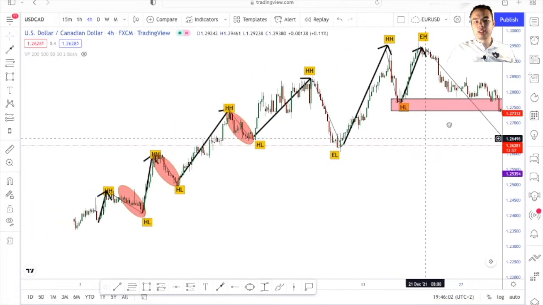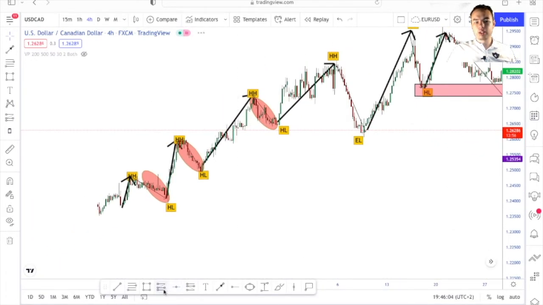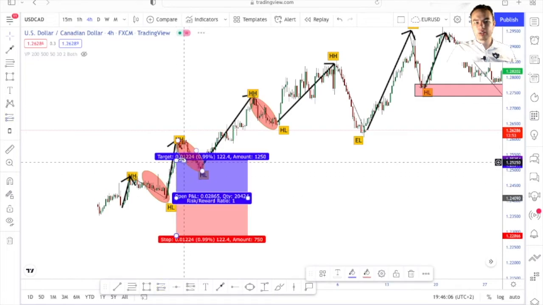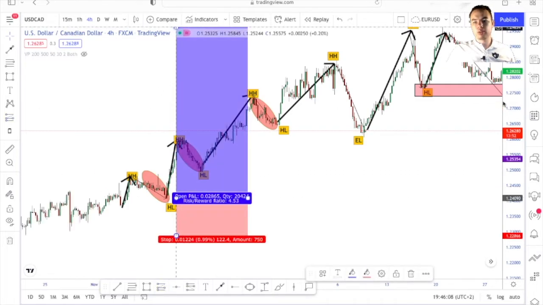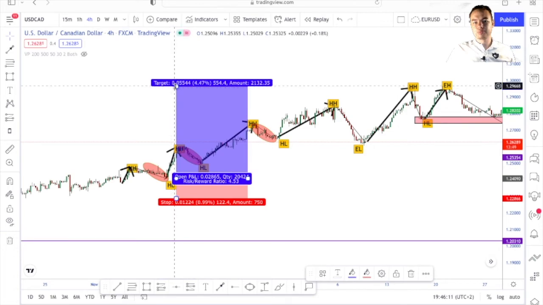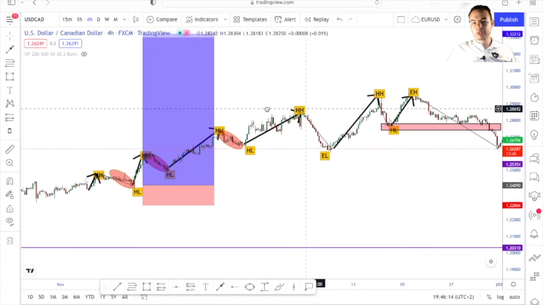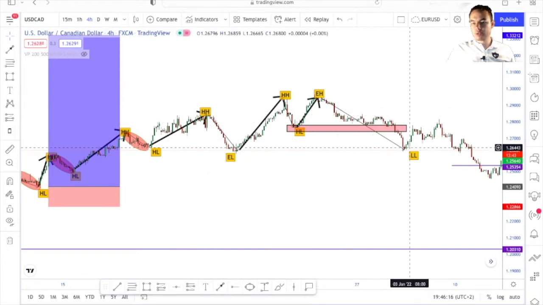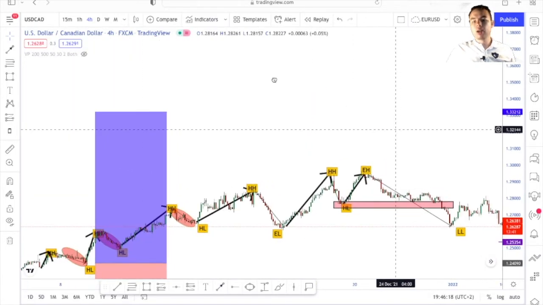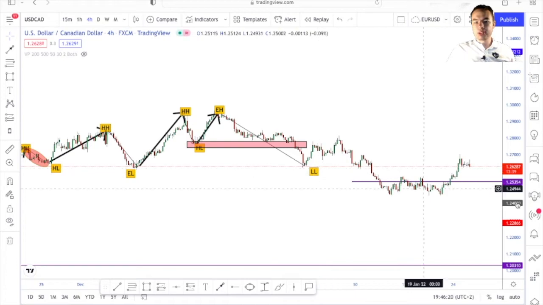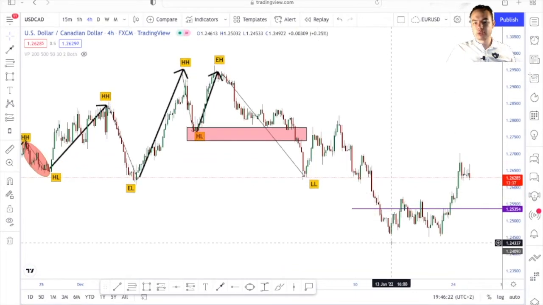So if you bought over here and your take profit is all the way on top, and then you see this reversal, it didn't hit your take profit, so now you close manually because you know it's about to reverse.